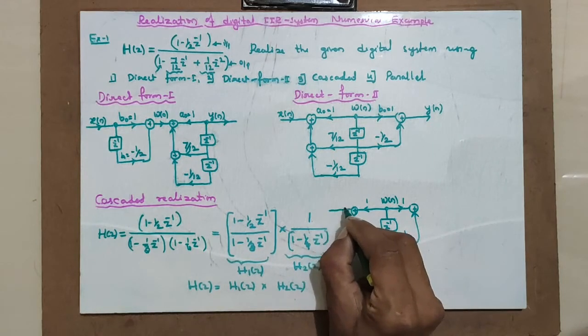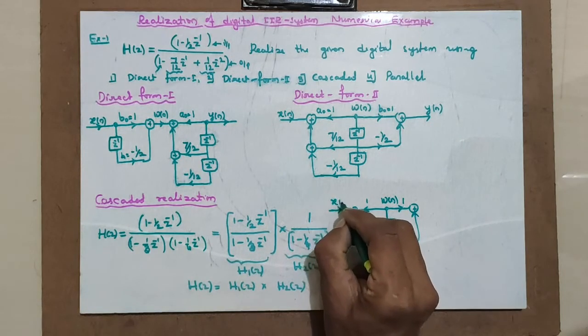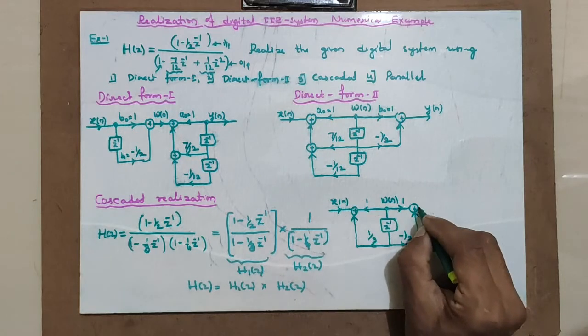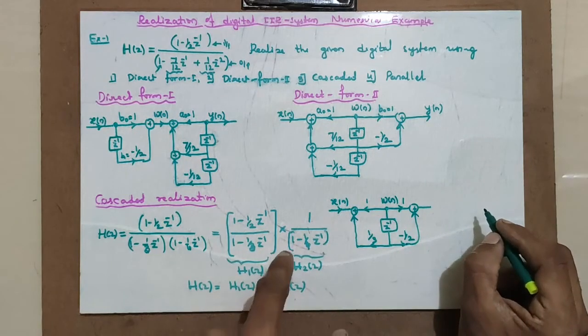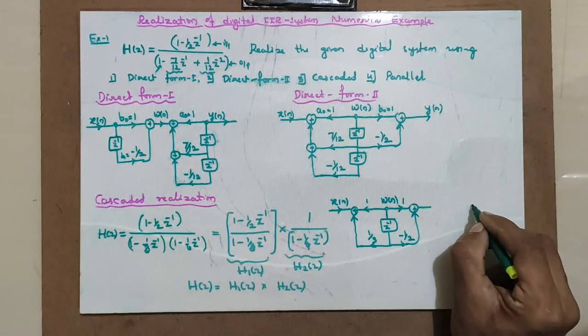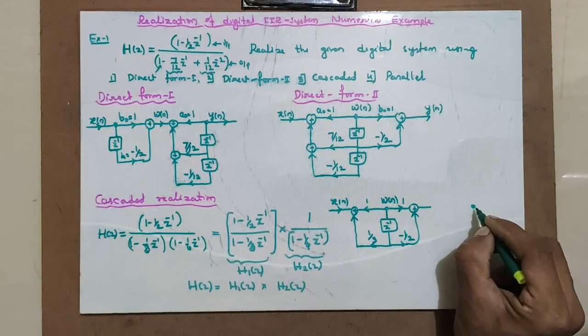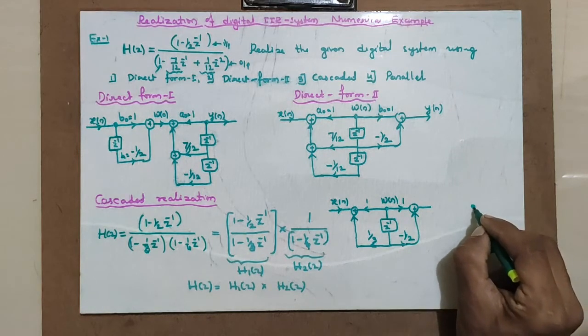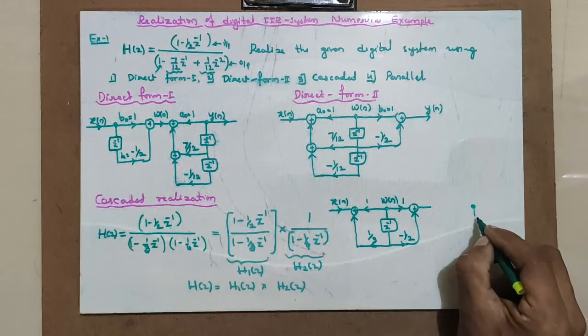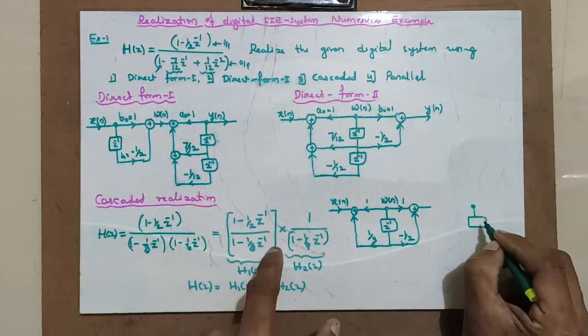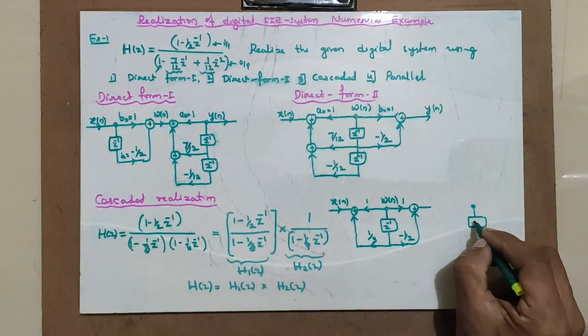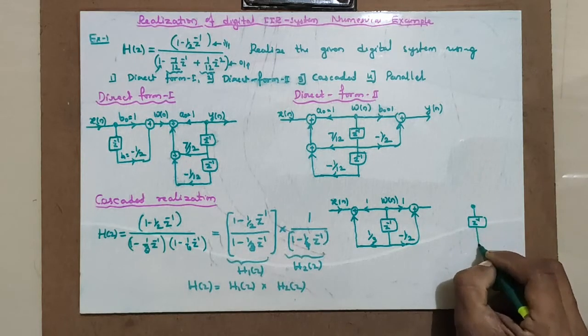This became input x of n, and then I have to implement the next structure. For the next structure realization, again I will take a central point, and here I want one delay element, z raised to minus 1.